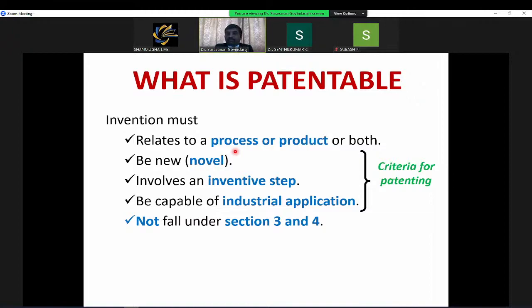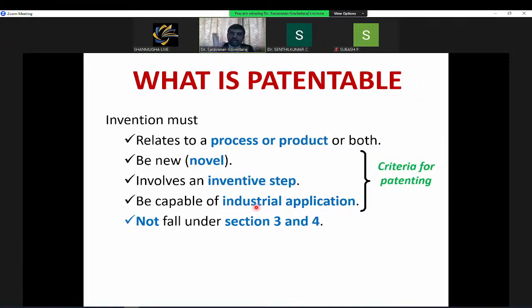But the product or process must satisfy these 3 criteria. It should be novel, there should be some inventive step, and it must have some industrial application. So if your process or product satisfies these 3 criteria, you can file a patent.